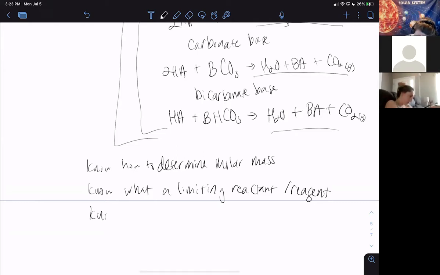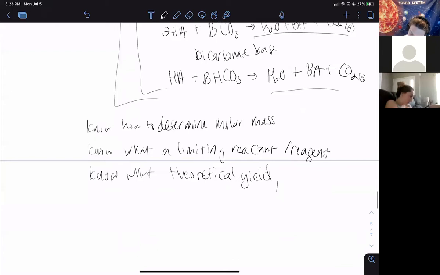And you should know what theoretical yield is, what percent yield is, and what percent error is. So you should be able to, at the very least, tell me what the equations are for all of those.